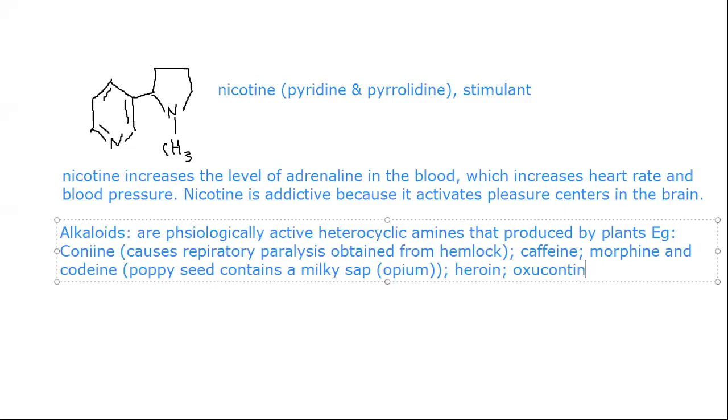For example, cocaine is an effective anesthetic, but if you take it regularly, what happens? The user can become completely addicted. Morphine is also an effective painkiller. The problem with morphine is it's also addictive.